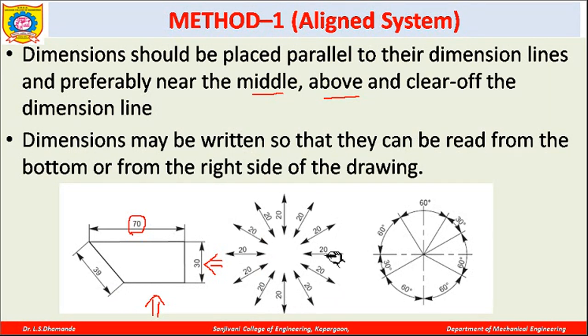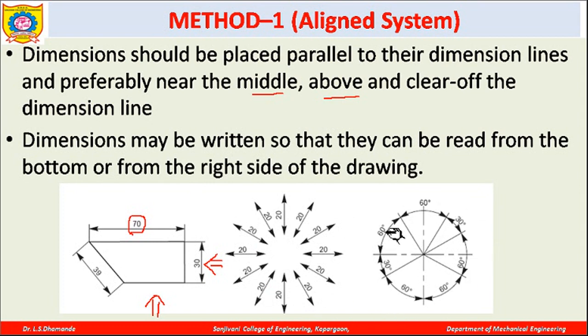In the case of the aligned method, you can see here an angle of 20 or 30 degrees. It is specified like this, and here it is like this way. For this one, it can be viewed from the bottom. This can be viewed from the bottom, this from the bottom, this from the right, this from the right, and this again from the bottom. Similarly, these angles are specified in this particular diagram.